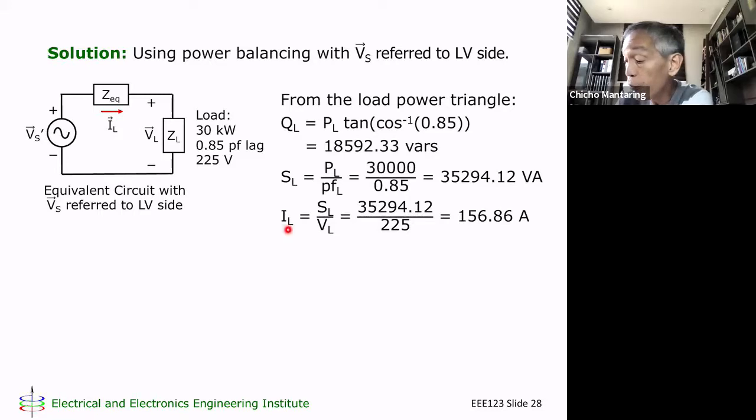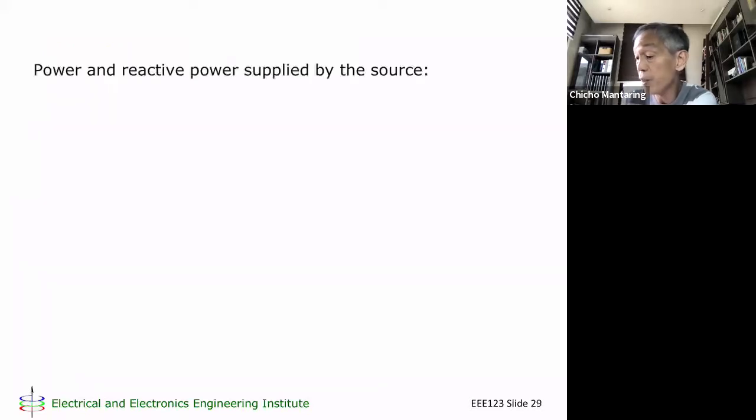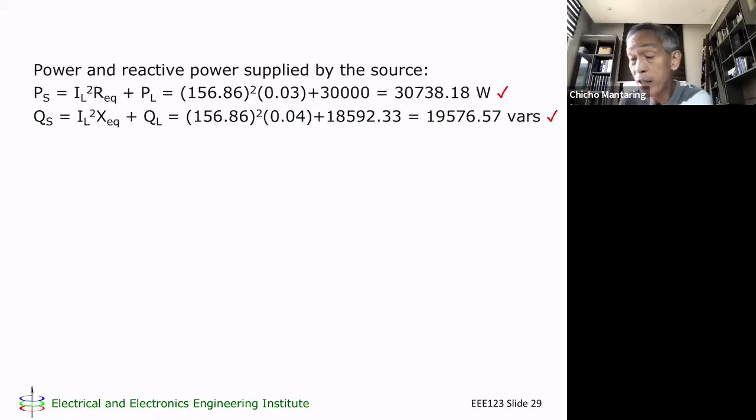And then I can compute for the magnitude of I, which is just S divided by V. And then the power and reactive power supplied by the source will just be IL squared R equivalent plus PL, and IL squared X equivalent plus QL. So ito na yung dalawang sagot na hinihingin ng problem.